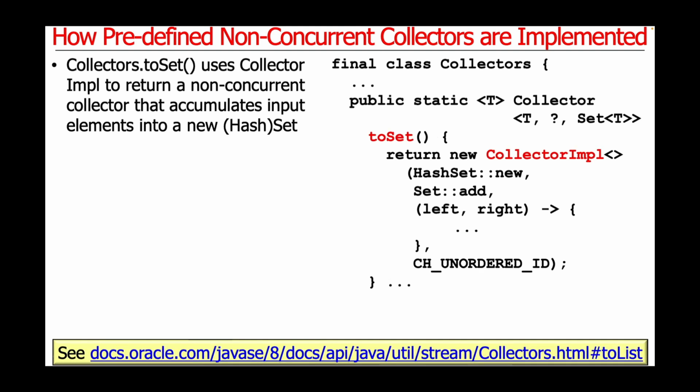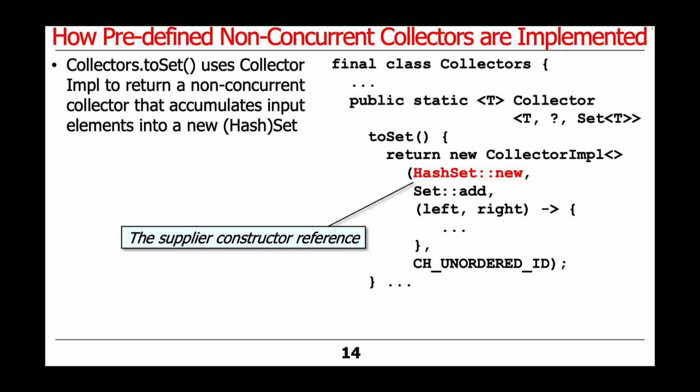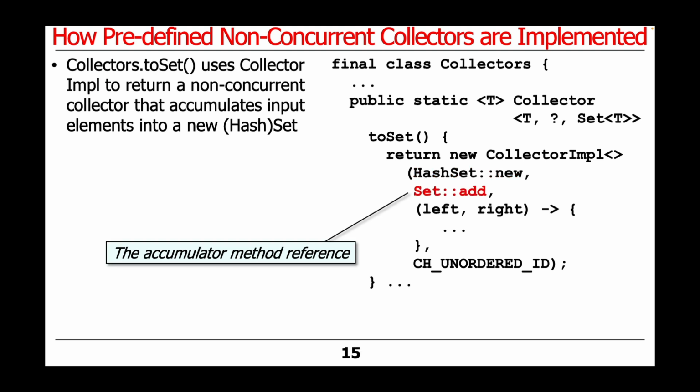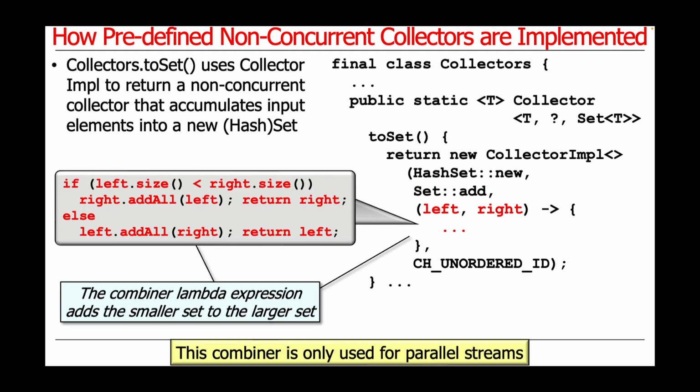Let's go ahead and take a look at toSet. You can see that this is used to make a non-concurrent collector that accumulates input elements into a new set, implemented as a hash set. Here's toSet, new CollectorImpl. HashSet is the supplier type constructor reference. Set add is the accumulator method reference. And then here's what the combiner does. I had to kind of split it up because otherwise it would run off the page.